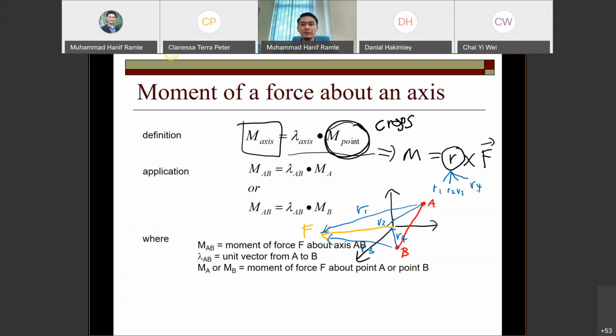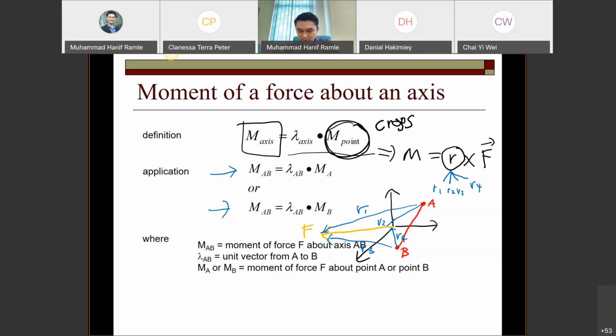Of course, you have to use the simplest r to avoid confusion, to minimize errors, and to speed up your calculation. So you have to use the simplest r to determine the moment. We will go further in the example later.